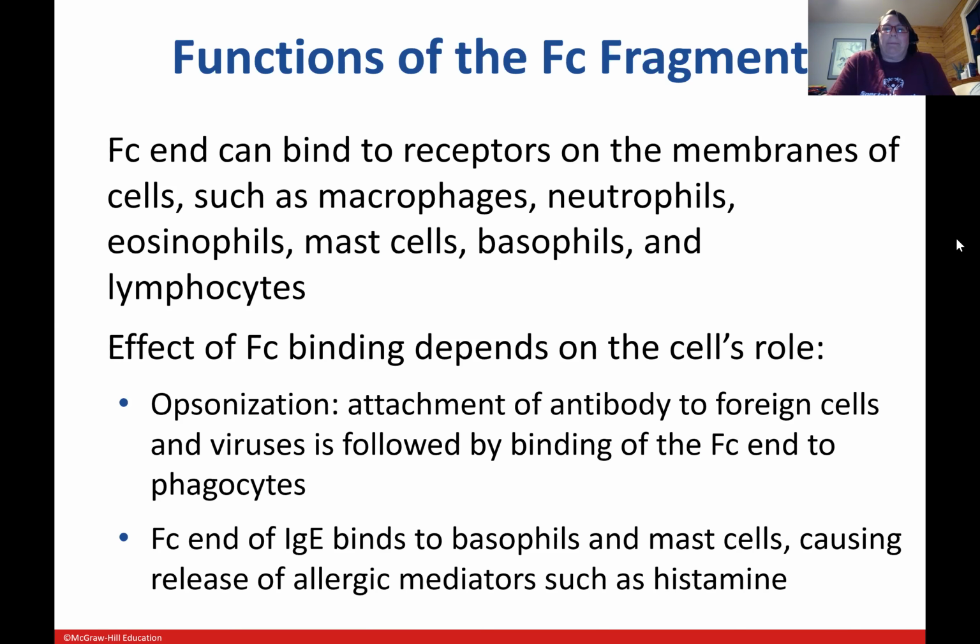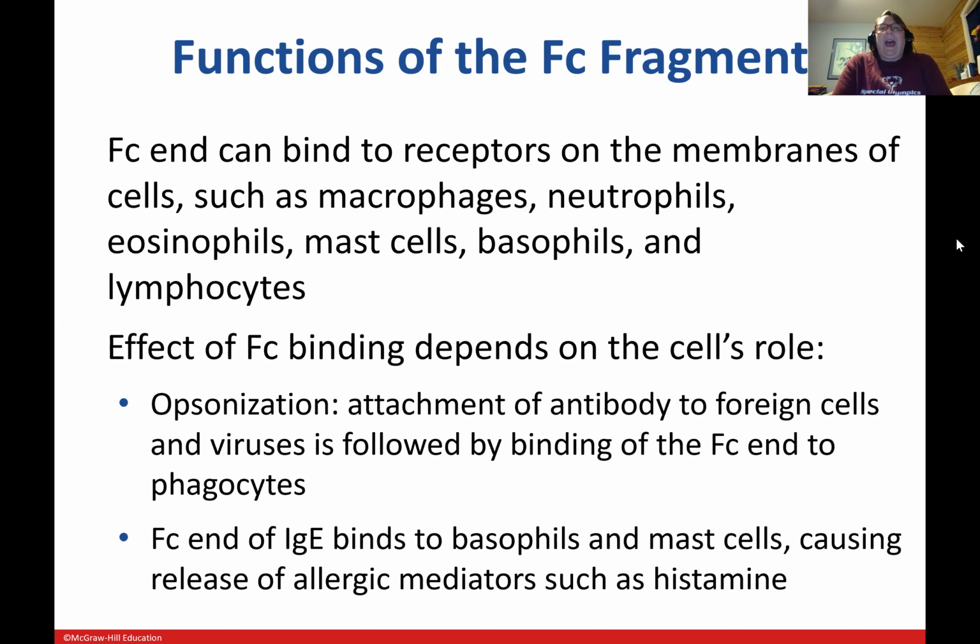If the cell is a phagocyte, like a macrophage, then the antibody is related to something called opsonization, which is the attachment of the antibody to that foreign cell, and that is followed by the binding of the Fc end to a phagocyte, which then engulfs the entire thing and kills whatever it is that the antibody is attached to.